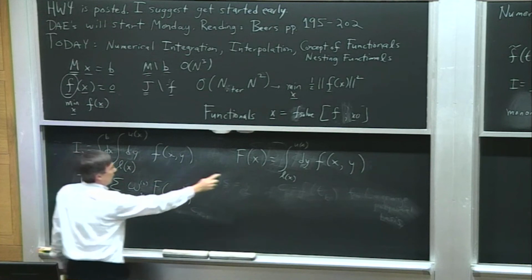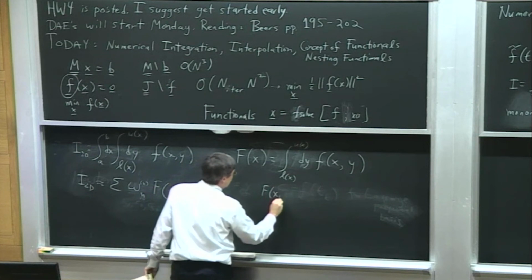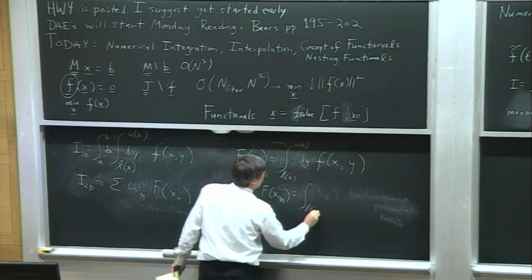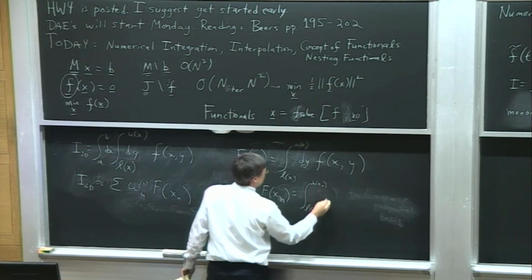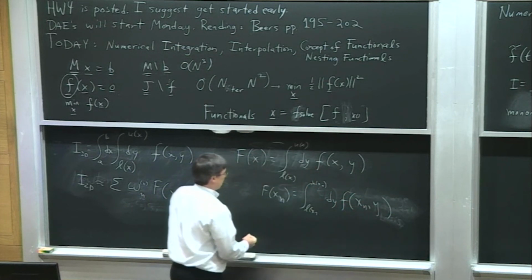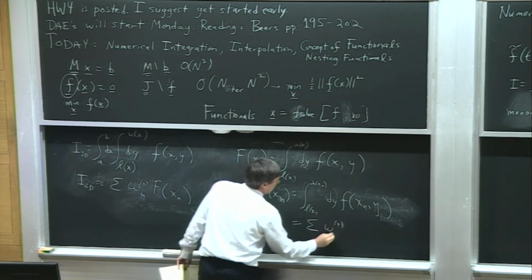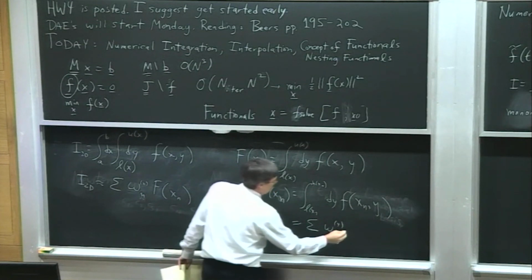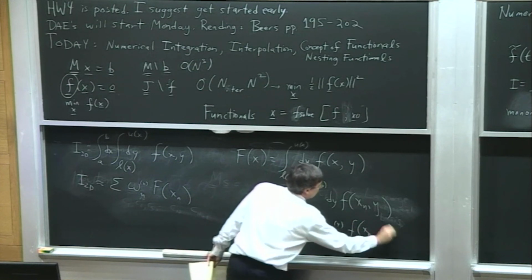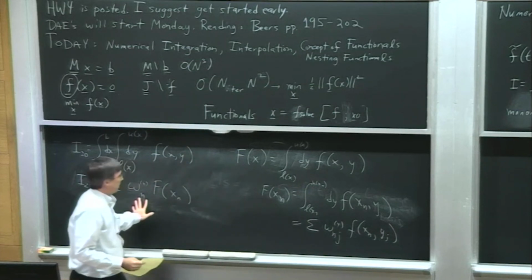And then I would actually evaluate this with a second quadrature. So F of xn is equal to the integral from L of xn to u of xn dy f of xn y. I would give this itself another quadrature, which is going to be equal to a sum over some other weights, nj, times f of xn and yj. Is that all right? And so this is nested inside this. So now I have a double loop.